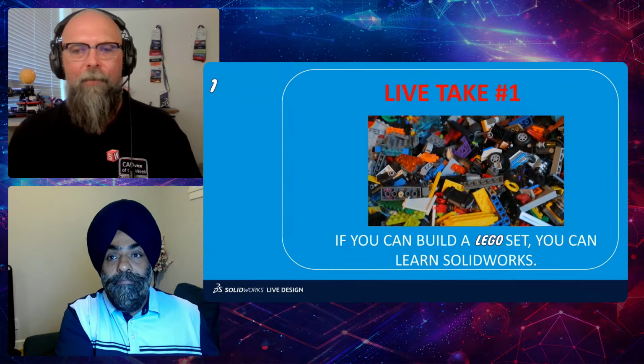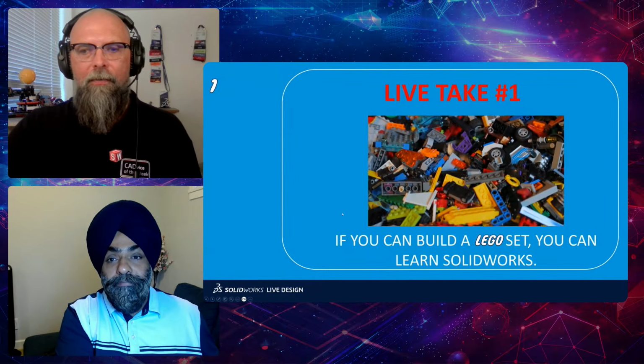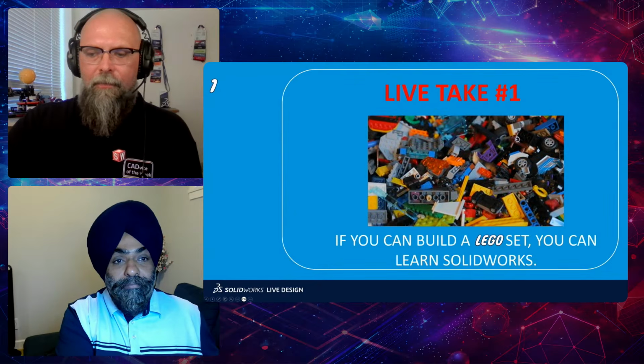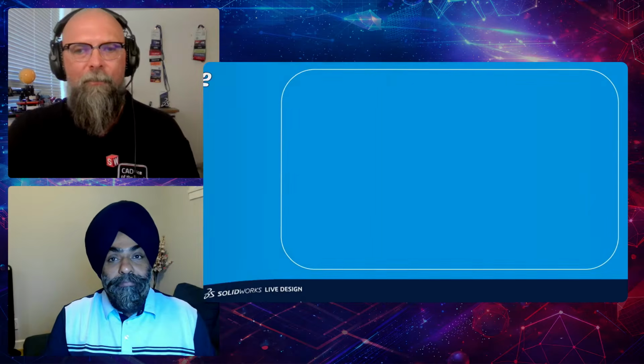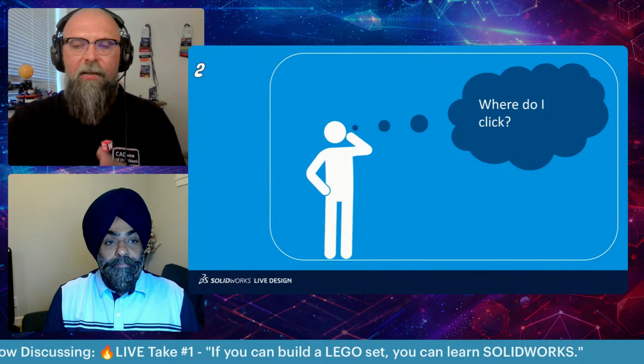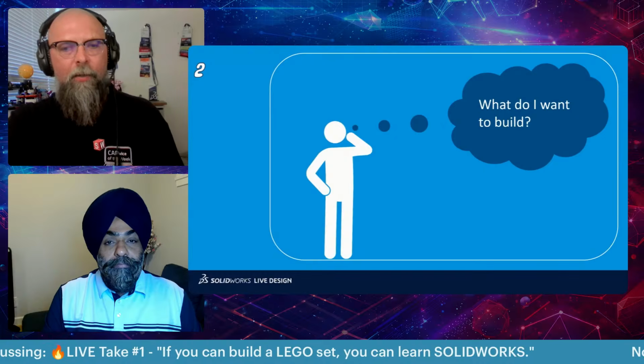One of the first issues people usually find when they start up SolidWorks is, where do I click? When they really should be wondering, what do I want to build?